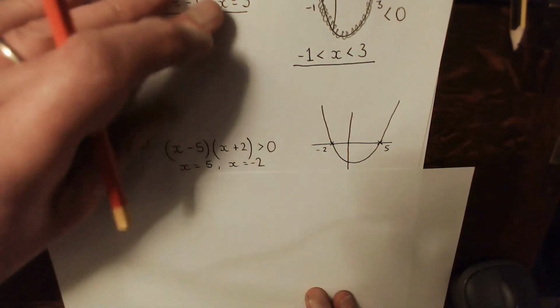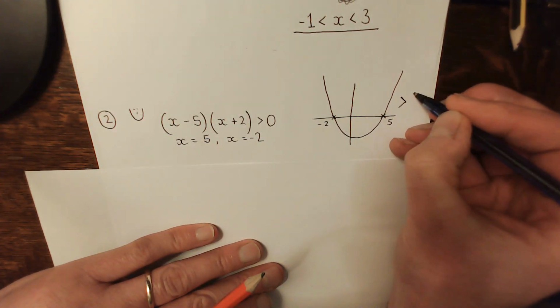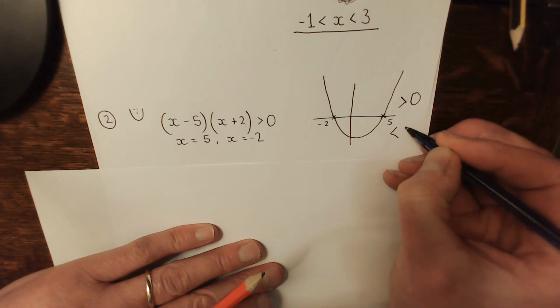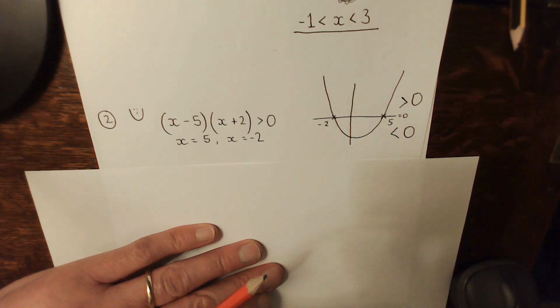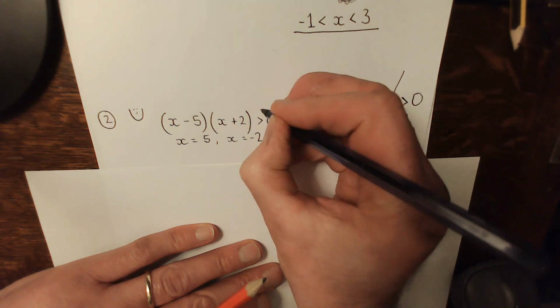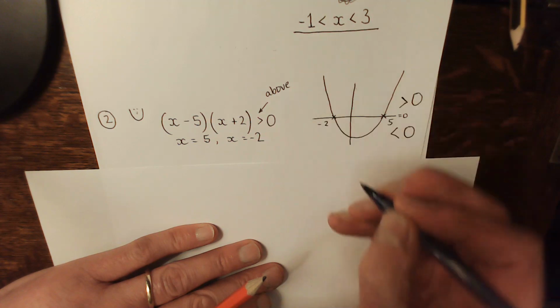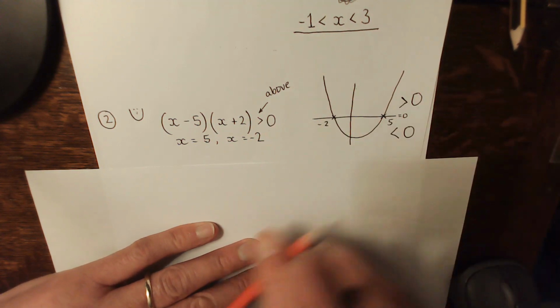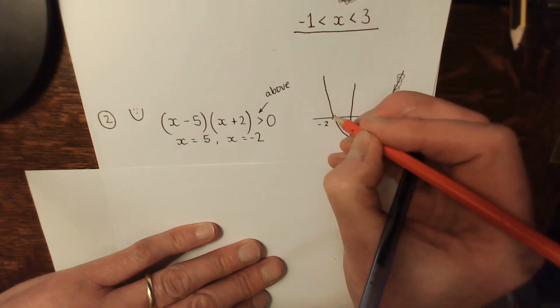There. Now what's happening this time? Greater than 0 above, less than 0 below, equals 0 will include. This one is above because it's greater than. And on this shape, do you notice above, I've got two whirlpools.